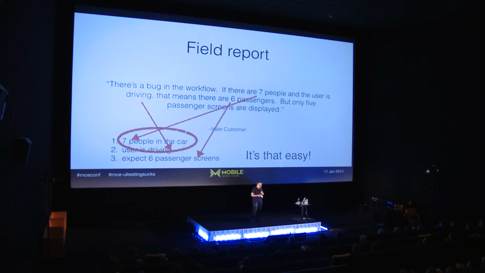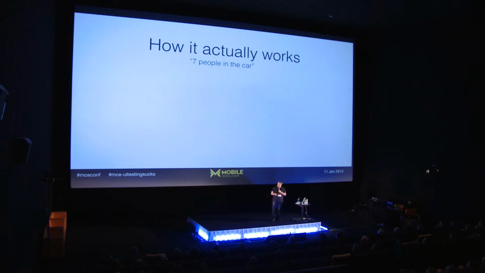Not so much. So let's talk about the first step here, and that's actually as far as we're going to go, believe it or not. So there are 7 people in our car. Well, how do we write a UI test for this? If you've done UI testing before, on iOS you have a UI text field. And that UI text field is going to have an accessibility label, right?